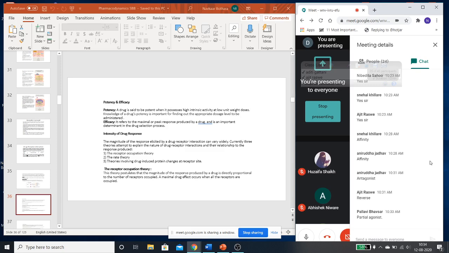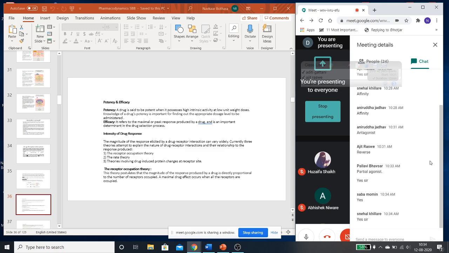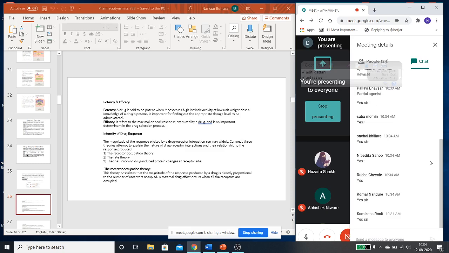Potency depends on binding ability. Okay. While efficacy always depends on intrinsic activity, how much intrinsic activity the drug possesses. So intrinsic activity means the ability to drive. And potency means if they can do it faster, more receptors can be occupied. Okay.